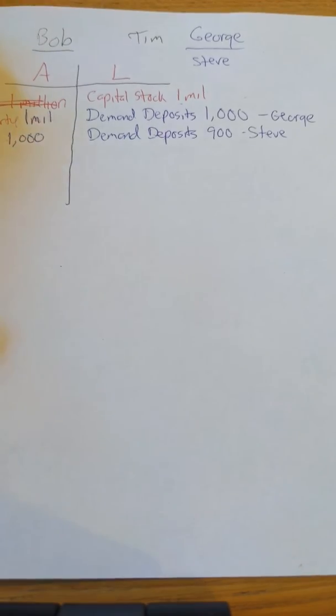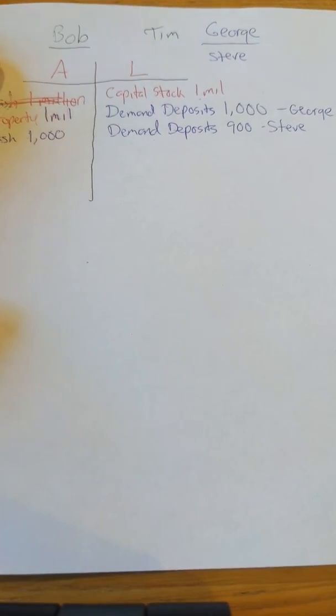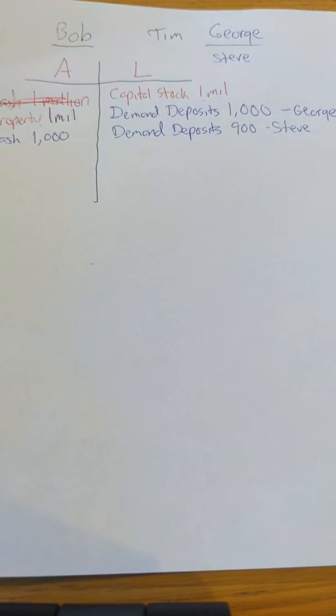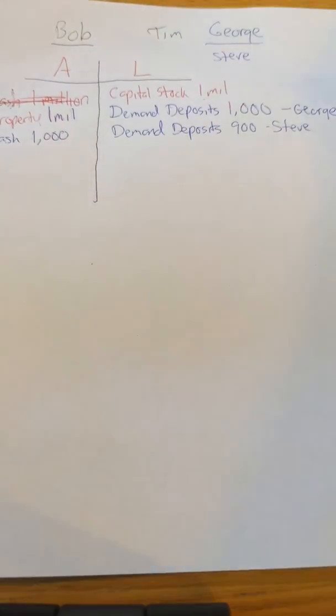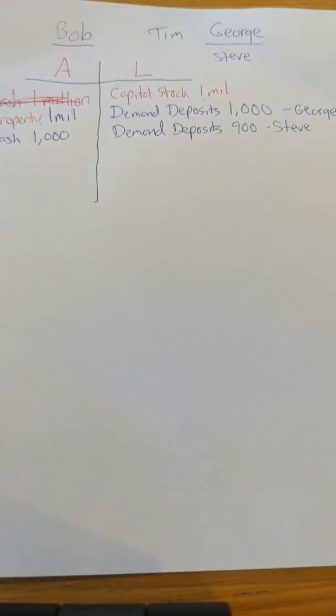Like when we got our home loan, they didn't just hand us a stack of hundreds of thousands of dollars. They created an account, and then we used that account to write a check to buy our home. So that's what's happening. They're basically giving Steve a bank account and putting $900 in it, and Steve can go out and write a check against that account or use an ATM or whatever.